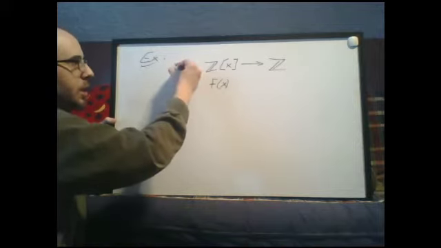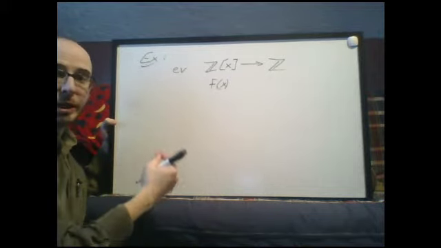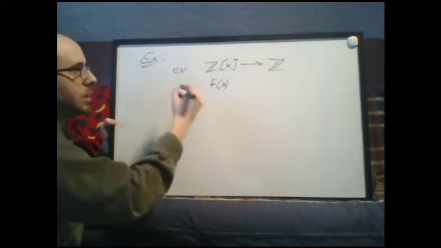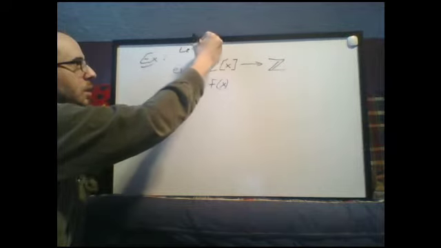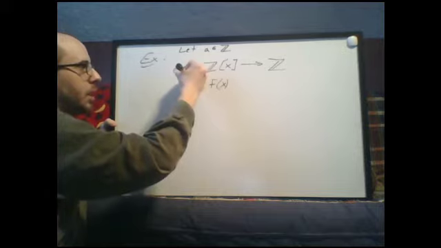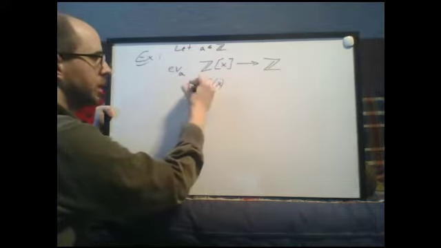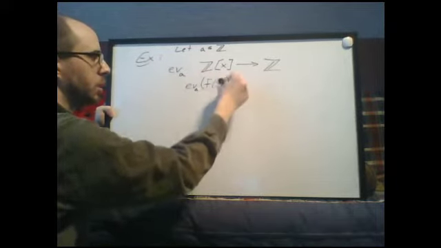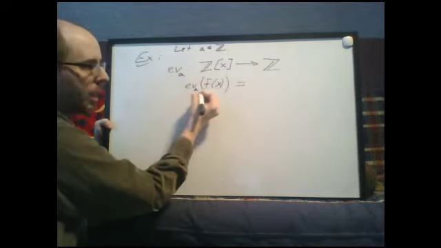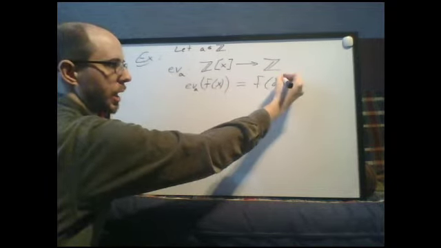I'm going to call this EV, and basically I'm choosing a specific integer and plugging it into this polynomial in place of x. Let a be an integer. EV sub a is the name of my homomorphism. It takes a polynomial f of x and plugs the integer a into the polynomial as if it was a function. So I take f of a.